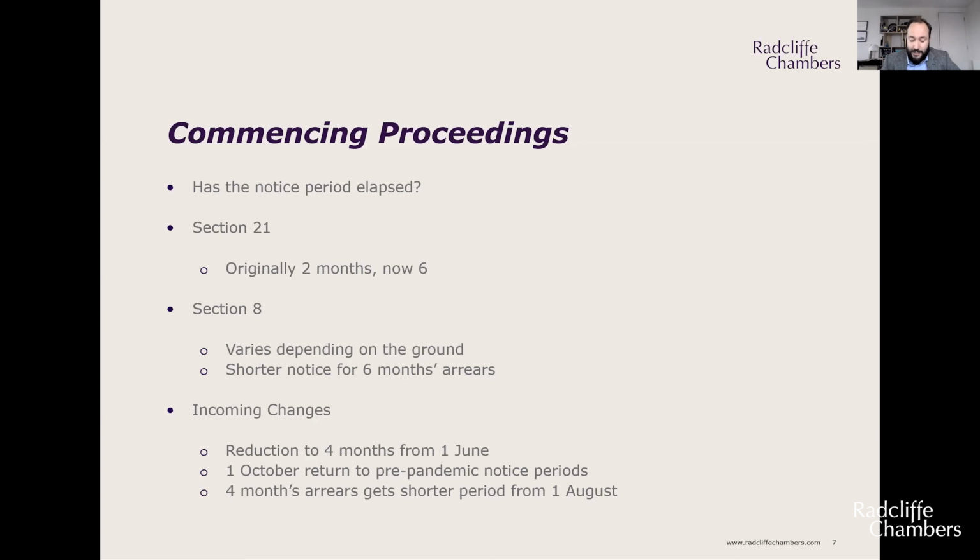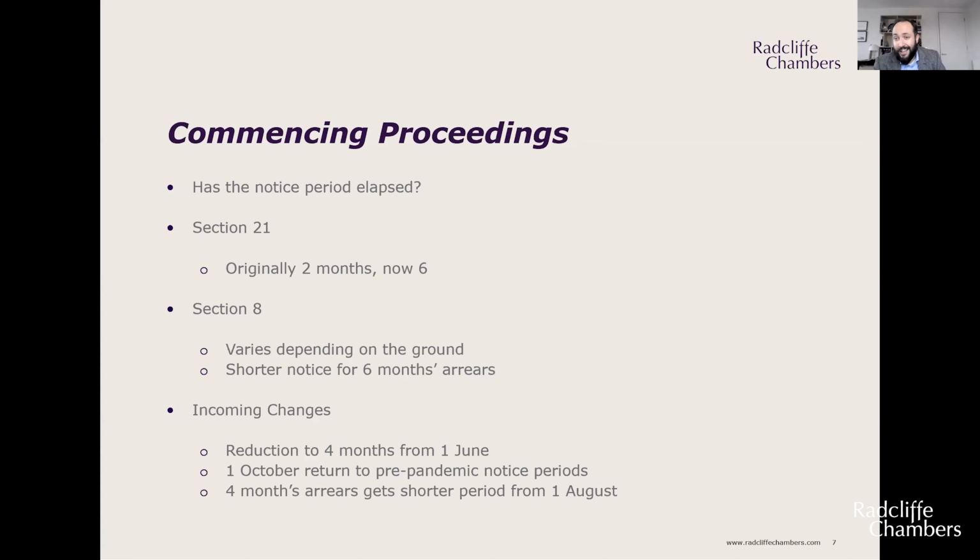Similarly, Section 8 notices, the notice period will vary in relation to the ground that's stated in the notice. Unlike Section 21, there isn't an overall notice period that has to be adhered to. But it's important to bear in mind the shortest notice periods.